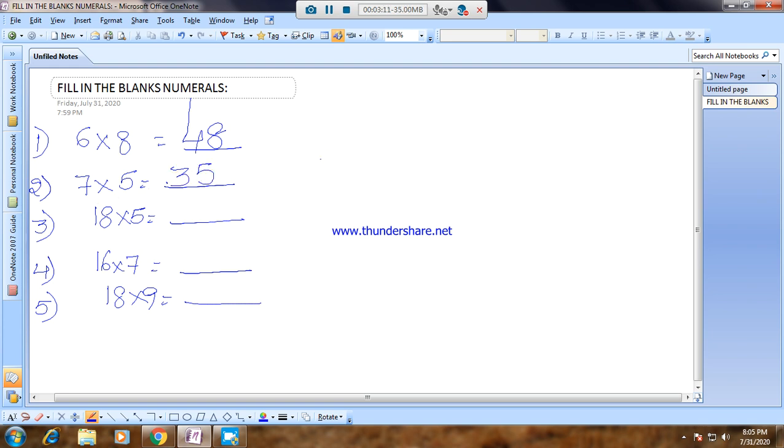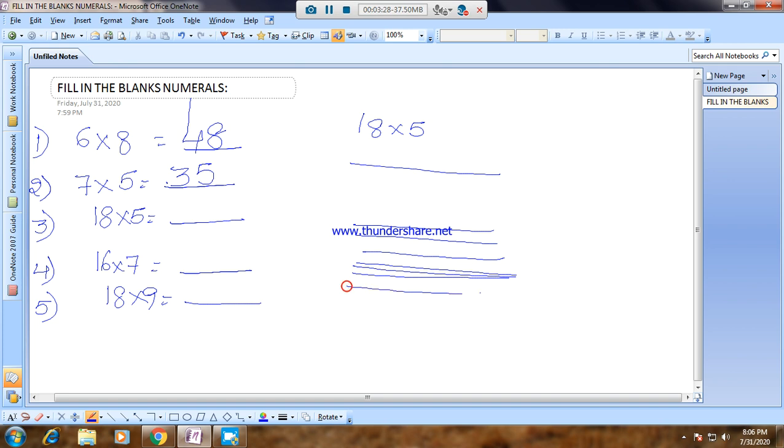Now with the 2 digits I'm going to do the Japanese method, which we can do very fast. So it is 18 5s: 1 and 8.